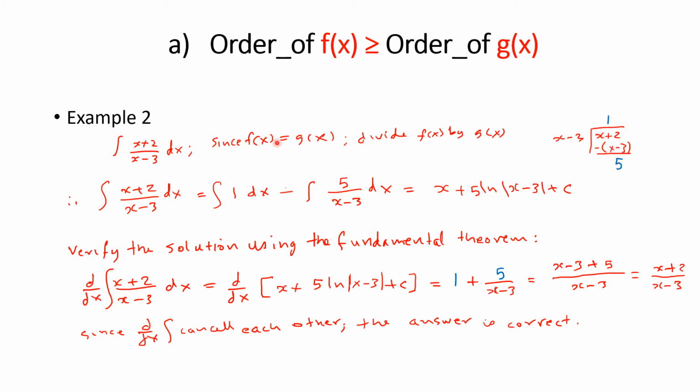Now we can replace this function by 1, which is the result of the division, so 1 dx, plus 5 over x minus 3, so the integration of 5 over x minus 3 dx.